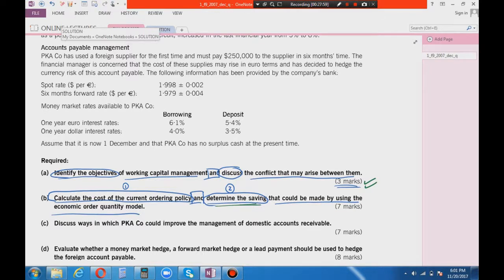Examiner basically is asking you to calculate the current ordering policy, and then you have to calculate the savings, so you have to calculate obviously economic order quantity also. But there is a quick way that you can use to calculate the savings directly, rather than doing the long calculation.